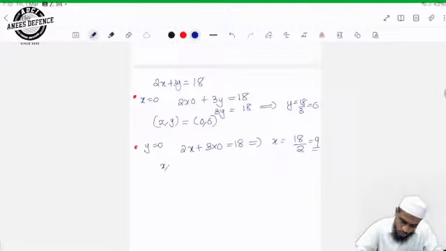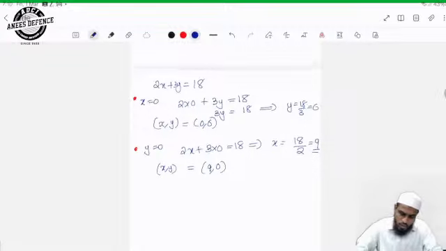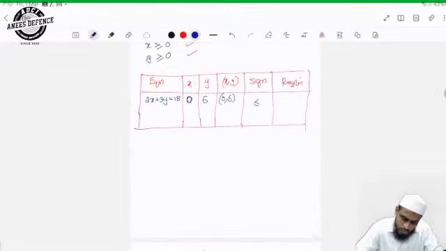So here our x comma y is 9 comma 0 because x is 9 and y is 0. We put y equal to 0 and you are getting x is equal to 9. So our coordinate is 9 comma 0.